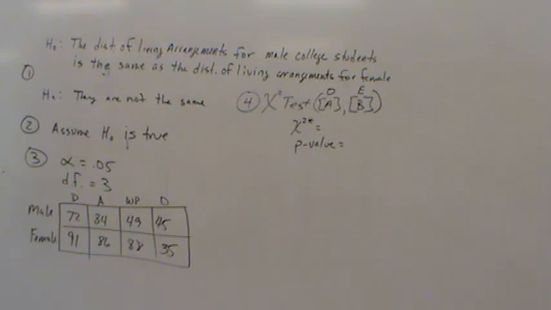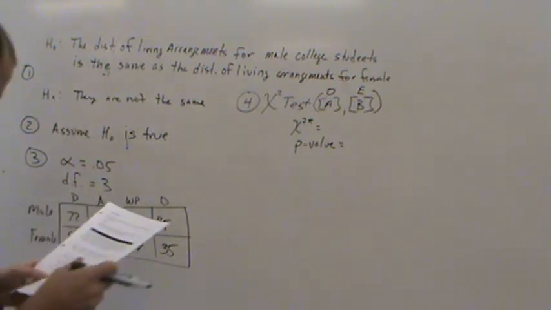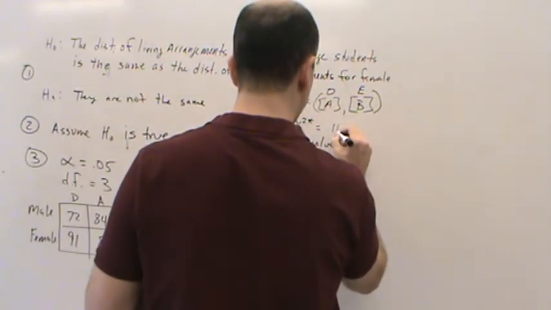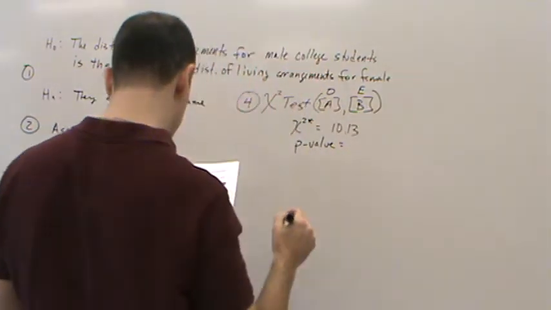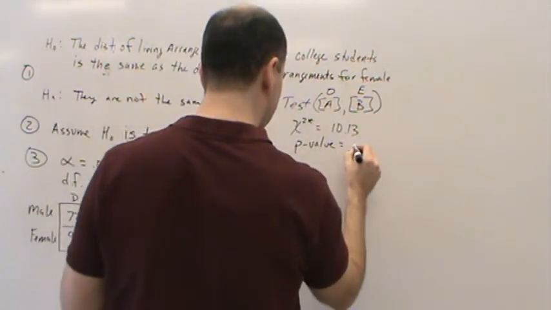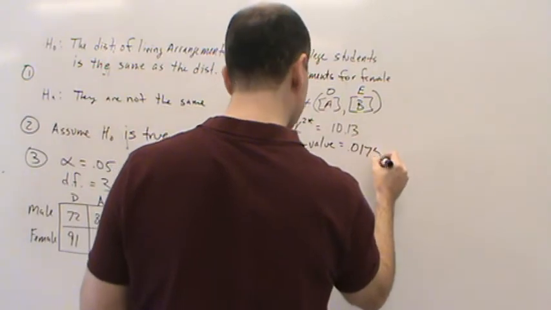Okay, now I entered my matrix. Now I'm going to go to my stat test, and now I'm going to go down to calc. And I got 10.13. My p-value is 0.0175.